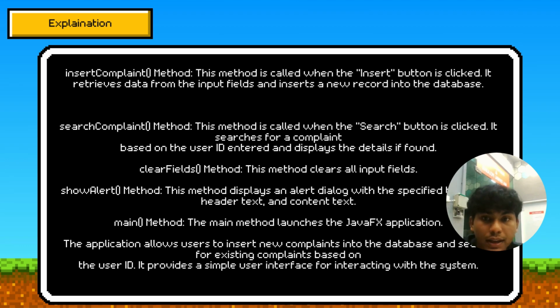It searches for the complaint. The clear fields method clears all the input fields. Show alert is the method that displays an alert dialog with the specified message, header text, and content text. The main method launches the JavaFX application. So it provides a simple user interface for interacting with the system.